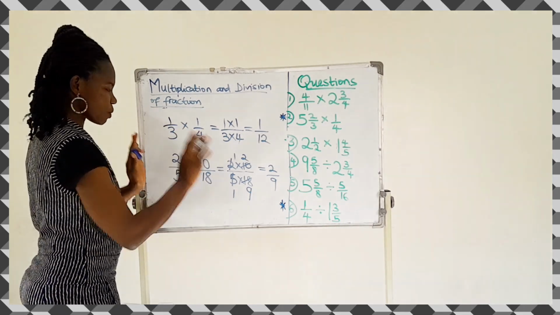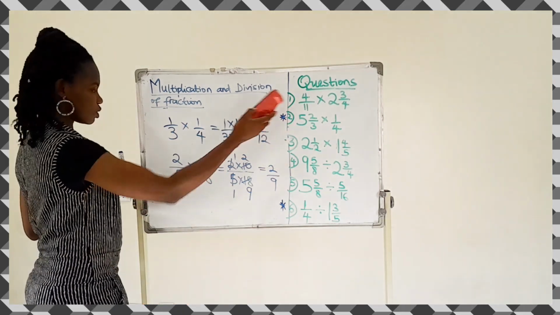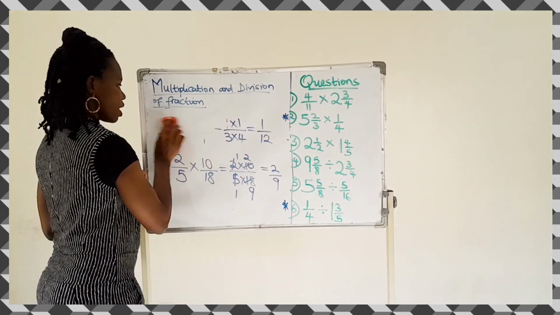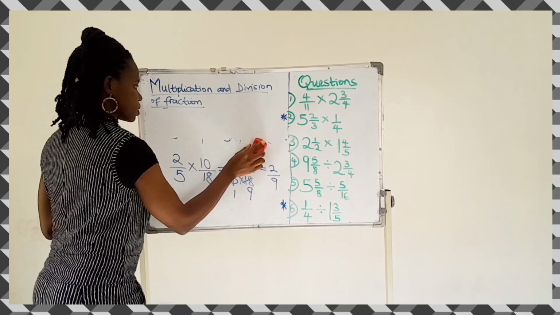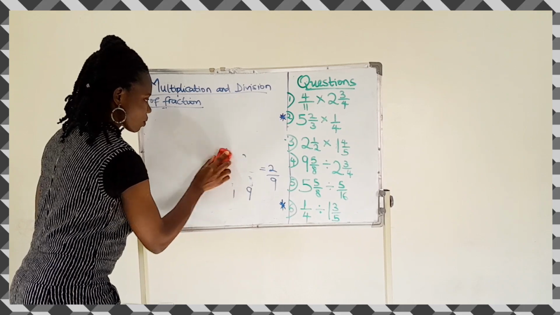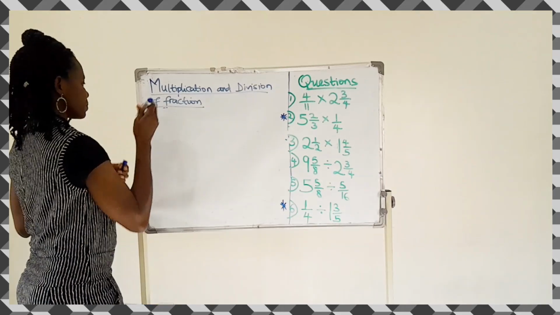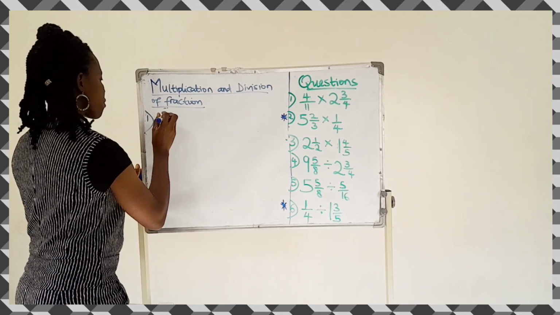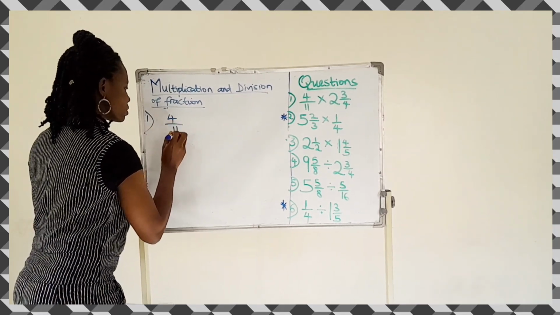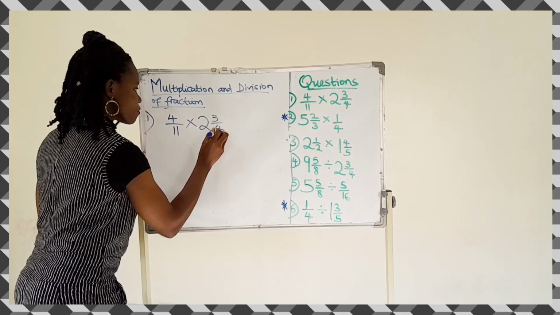This is the basics of multiplication of proper fractions. Now you can be given mixed fractions to multiply, like these ones we have here. How do we go about it? So let's start. For number 1, I have 4 over 11 times 2 whole number 3 over 4.